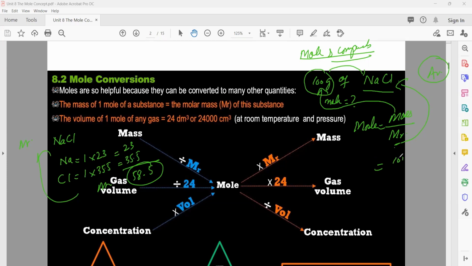Now you will use the formula mass over MR. Mass is given, 100. And MR we just found, because this is a compound, not a single element, 58.5.